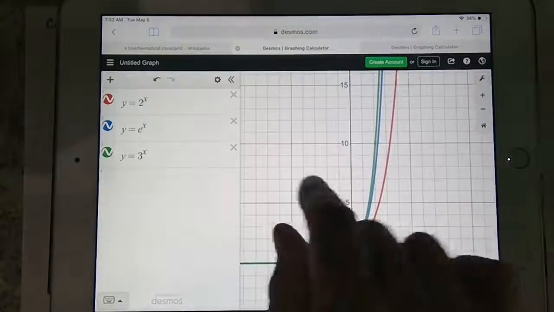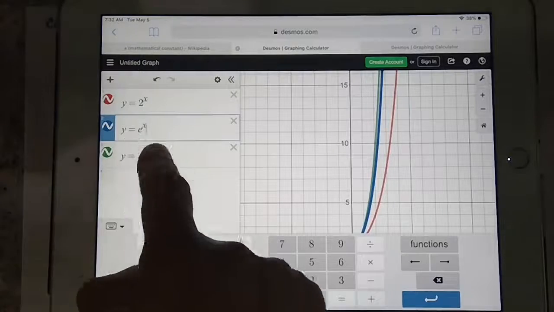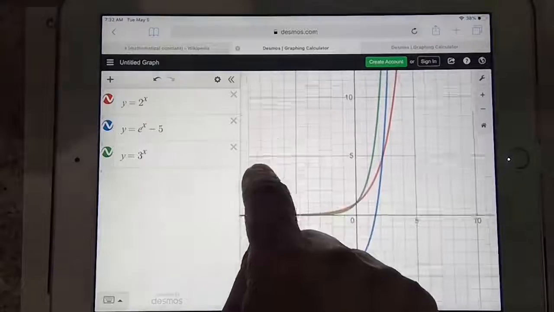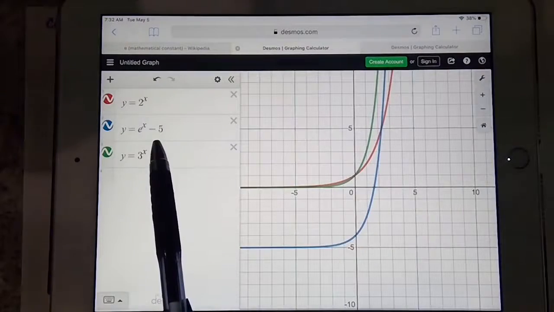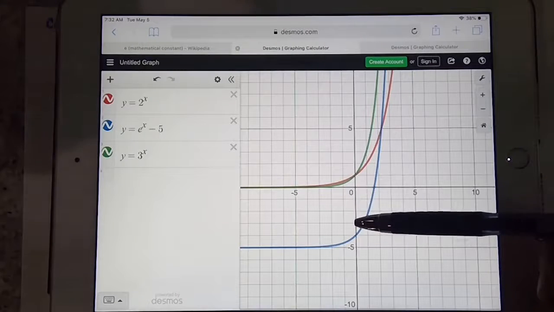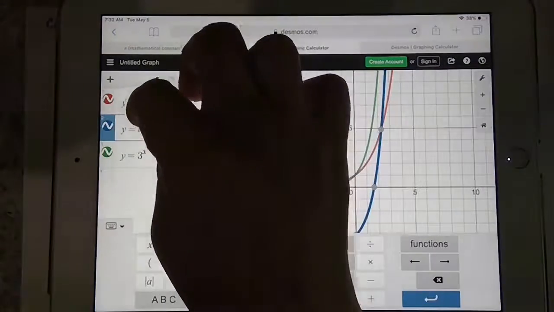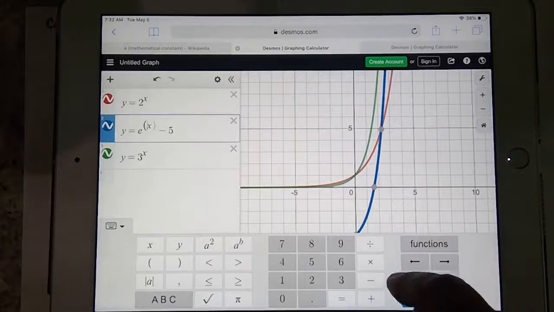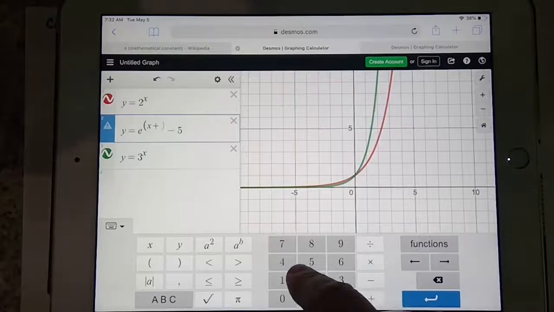Let's see what else. Same thing. If you were to graph this one and you did a -5, what's a -5 going to do to your graph? It does the same thing. It's going to have an asymptote at -5, and it shifted it down 5. If you put it in here with the exponent, I think I have to use parentheses. Let's do a +4.